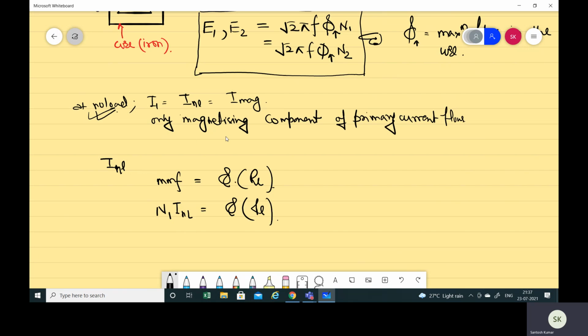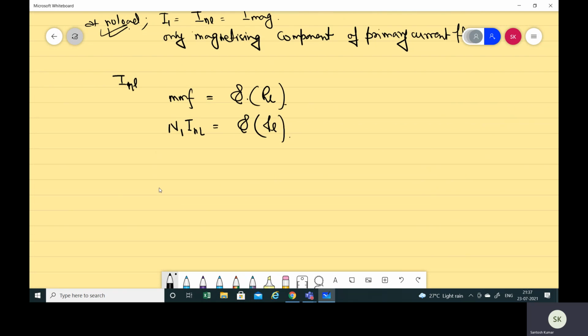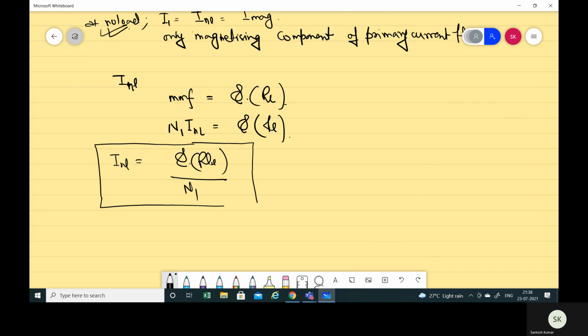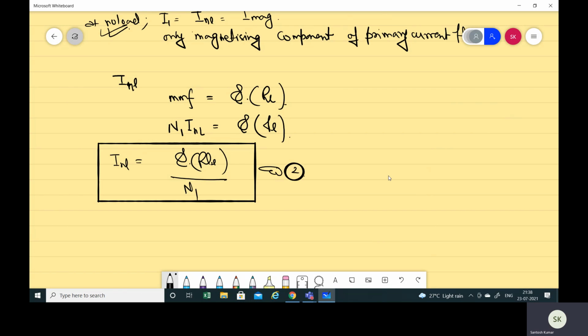From here we can derive the second formula, useful for finding no load current: I0 equals flux times reluctance upon number of turns of the primary. So this is the second formula which we have to memorize or understand, during no load conditions.